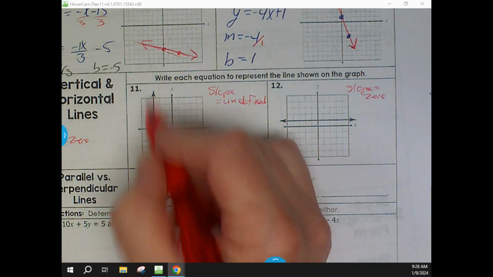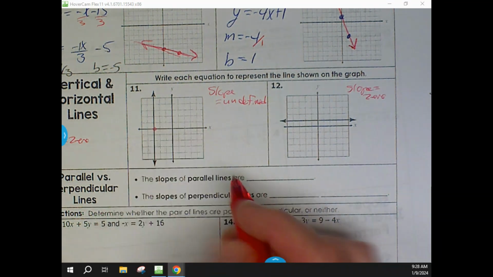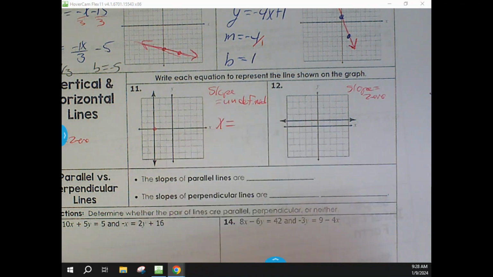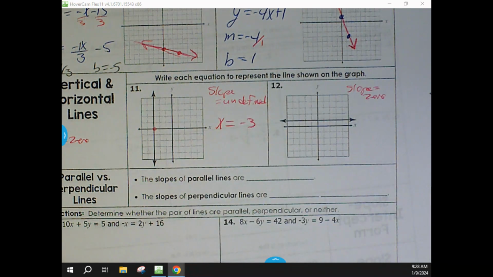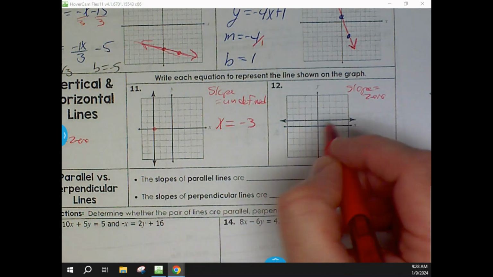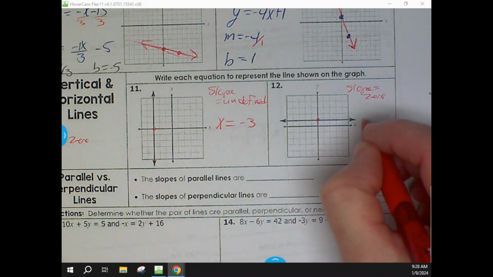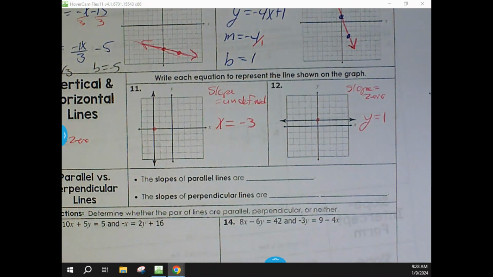So this vertical line hits the x-axis. So you just tell me where it hits that axis. It hits the x-axis at -3. If it's a horizontal line, it hits the y-axis at 1. So just tell me it's y equals 1.